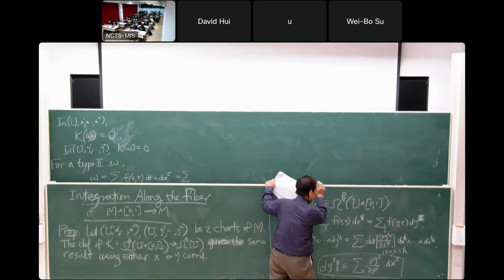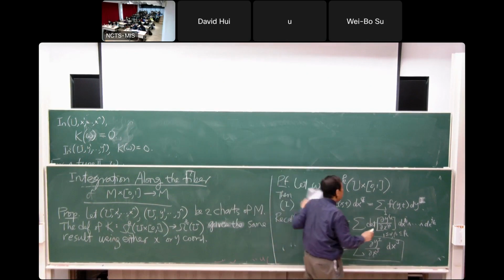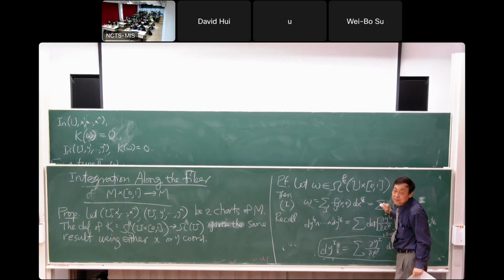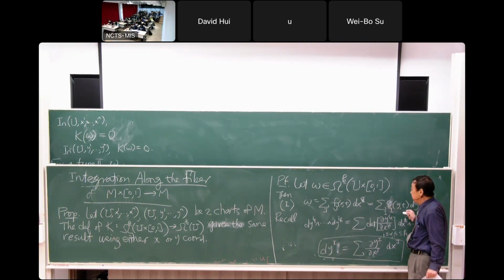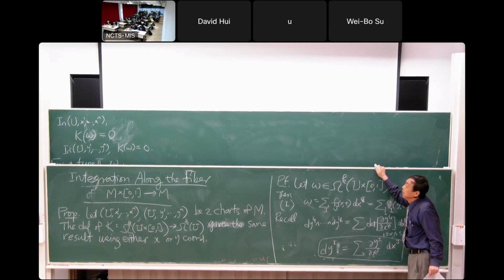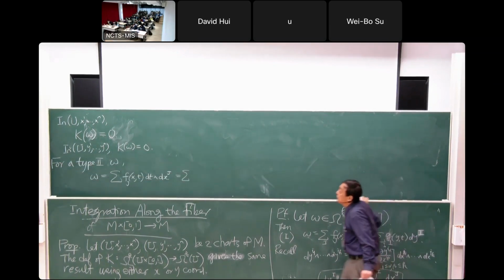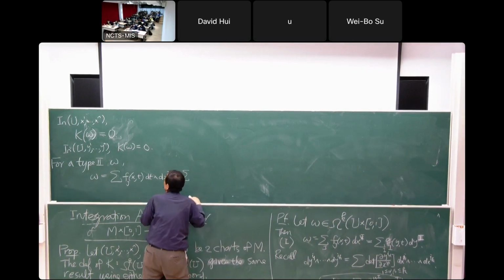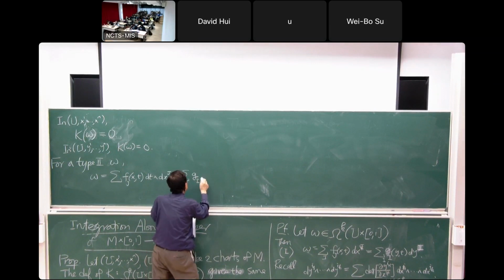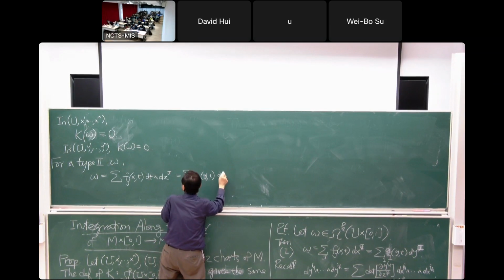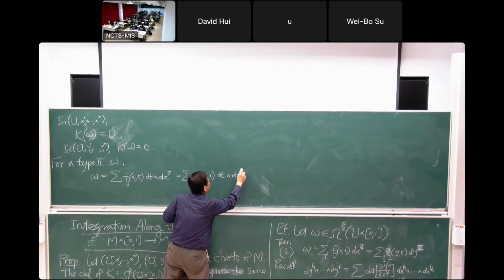Oh, no, this should be a different function. It's g_i. The coefficients with respect to the y should be different from the coefficients with respect to the x. And so for a type 2, I have omega is the sum of g_i(y,t) dt wedge dyi.